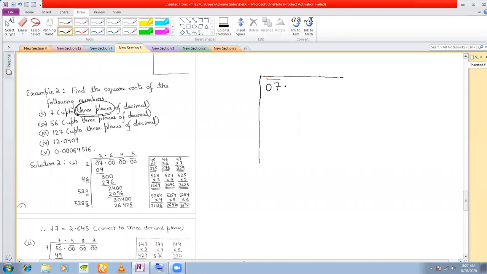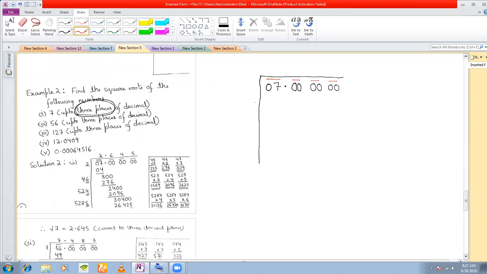They want us to find up to 3 places of decimal. So in such a case, you will take 3 pairs of zeros to the right of the decimal point, because you want to find till 3 places of decimal.